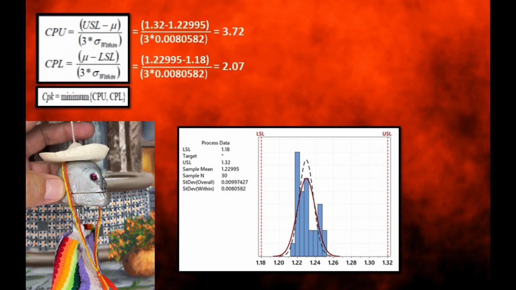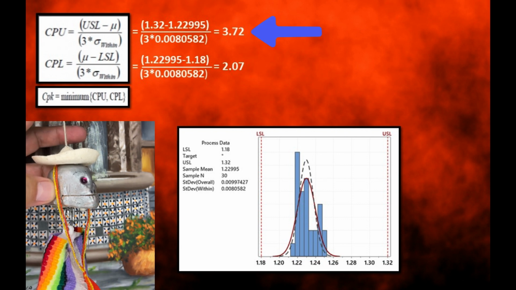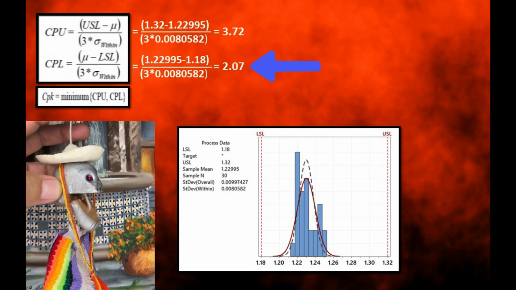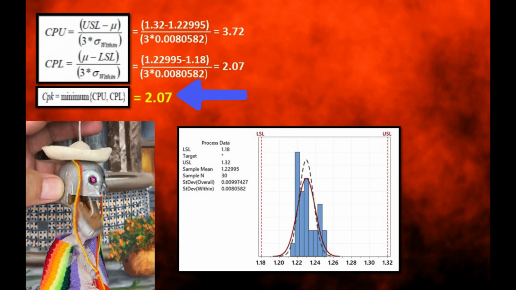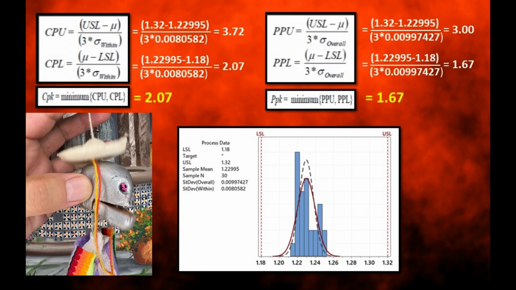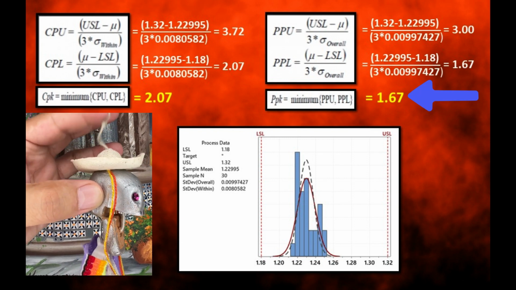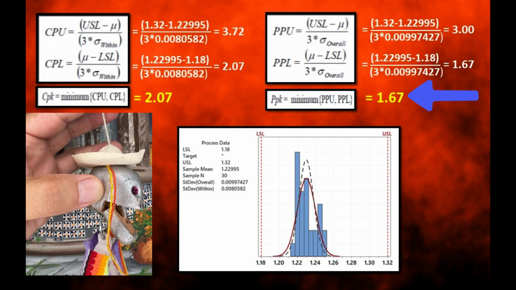And as you can see, we obtain a value of 3.72 for the CPU and 2.07 for the CPL, which means that our CpK is 2.07 because it's the smallest of the two values. We do the same for the PpK, and we obtain a value of 1.67 because it's the smallest of the two values.